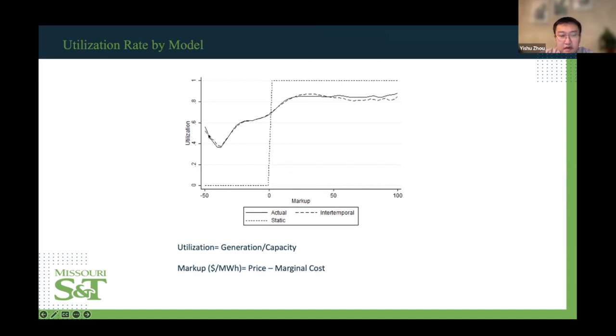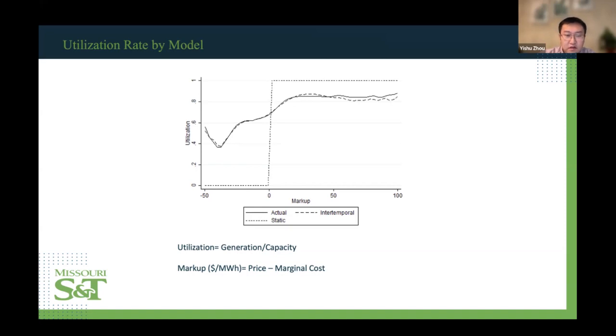But the actual data is different from what is predicted by the static model. In the actual data, we do observe that some generators will choose to produce even when they see a negative markup in some hours. And our intertemporal model matches the actual data very well.